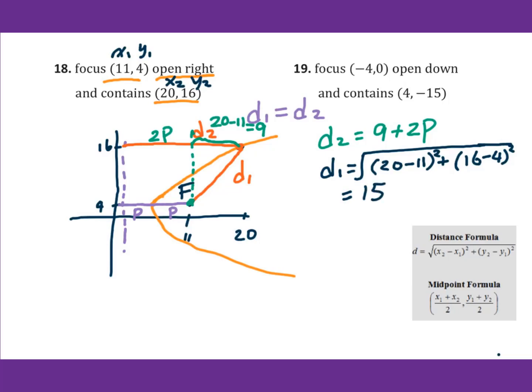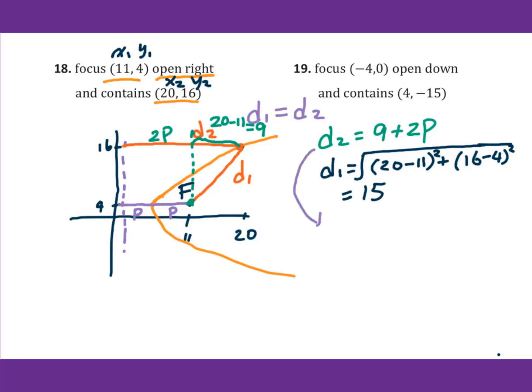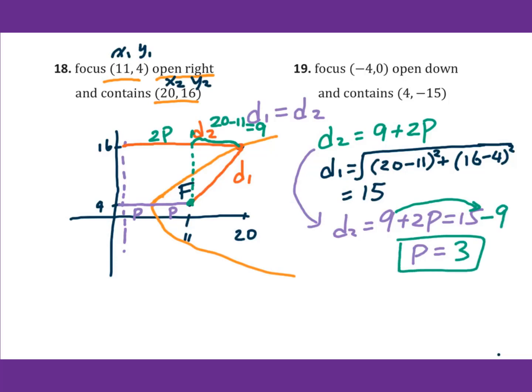Therefore, D2 will be 15. That's 9 plus 2p equals 15. Then we get p equals (15 minus 9) divided by 2. That's 3. We know this is a 3. Therefore, 11 minus 3, that's 8.